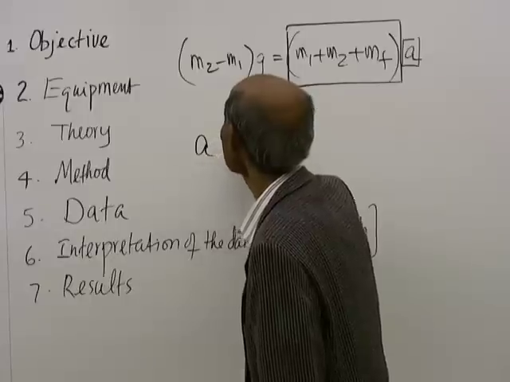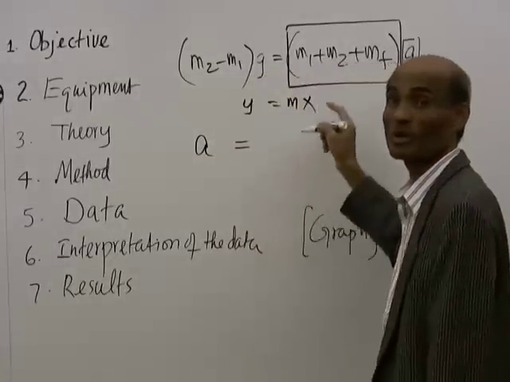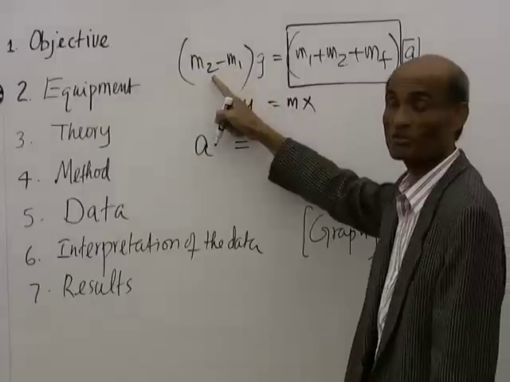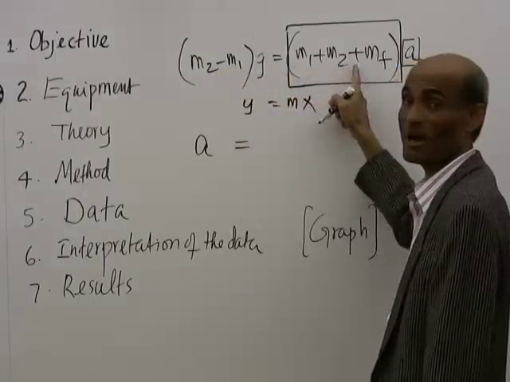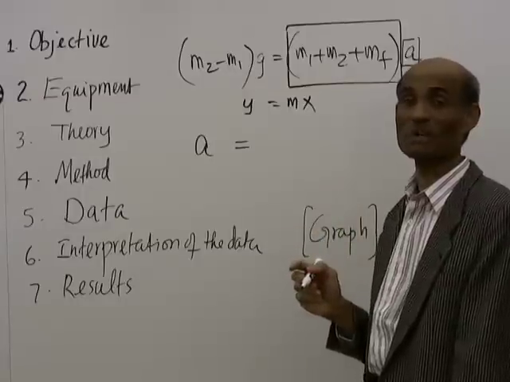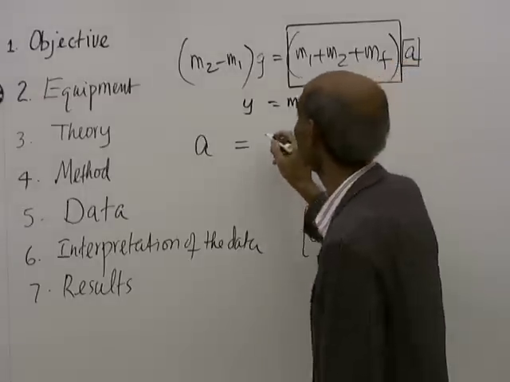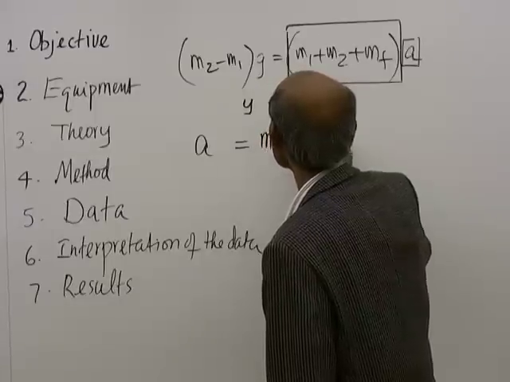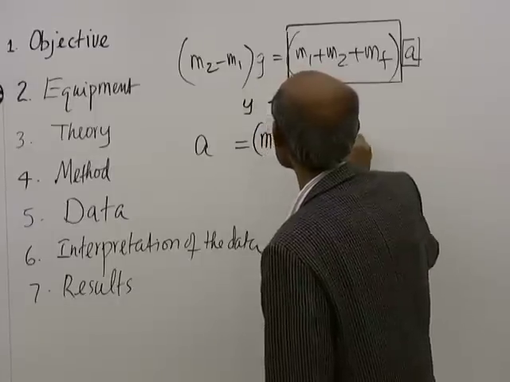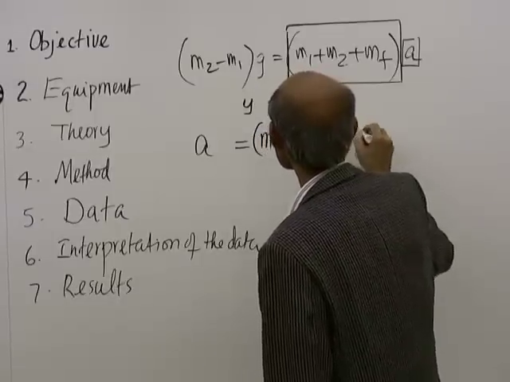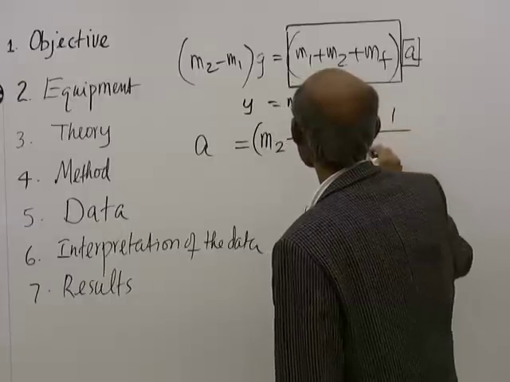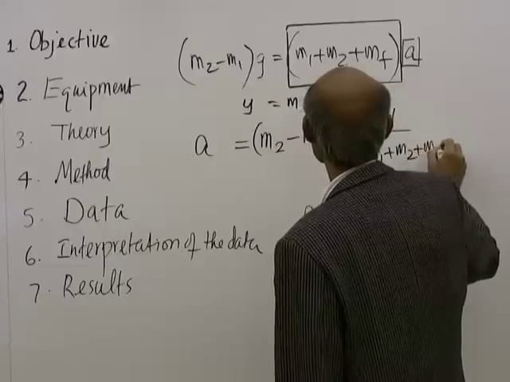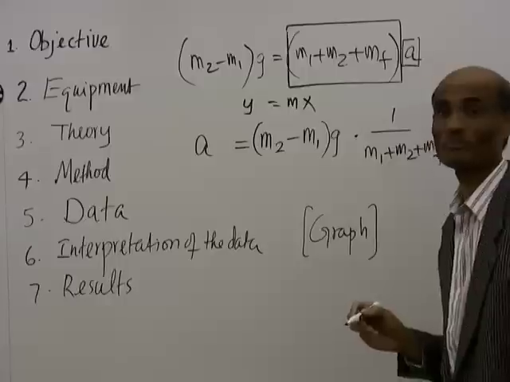We get a equal to the quantity on this side divided by m1 plus m2 plus mf. Now look at the way I'm going to write it. A equal to (m2 minus m1) times g multiplied by 1 over (m1 plus m2 plus mf).